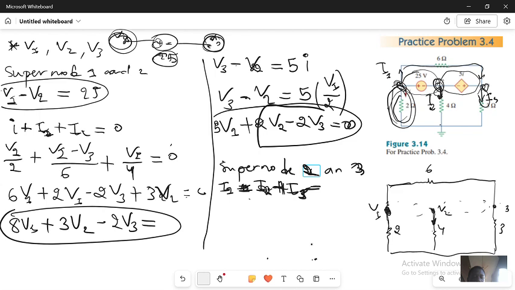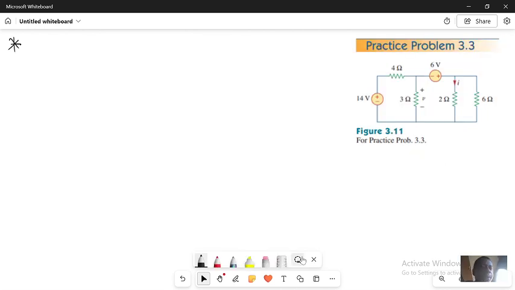So that is for this example. Let's say, for example, another example. What I was discussing is when we have a supernode here, plus, negative, and then V1, V2, and then we have this resistor that is parallel with this one.